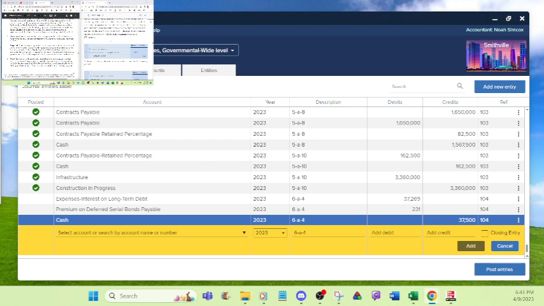Interest expense, interest payable. Well, it's actually called expenses, interest on long-term debt. But somehow you're supposed to not do that. You're supposed to do that number minus 233. Like, you have to do this number minus 233.